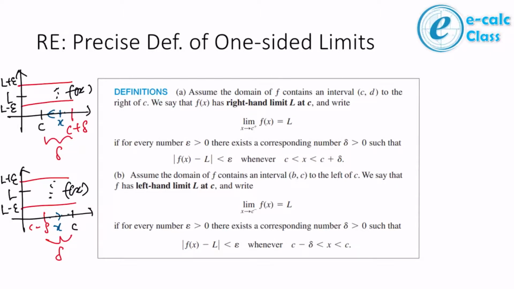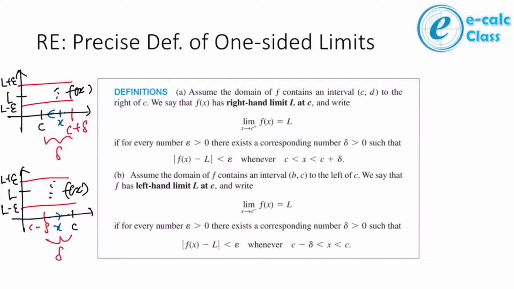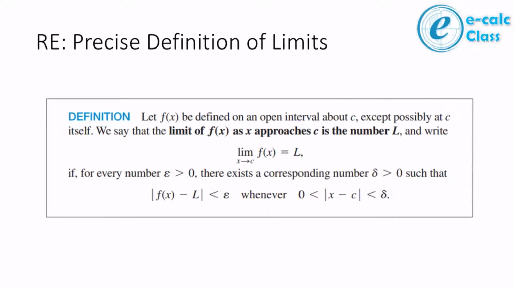Then what about from two sides? It's even easier because you just go ahead and combine the two of them. So what happens when we combine them? As you can see here, we are now taking the absolute value of x minus c to be in between 0 and delta, which means this time your c is here.